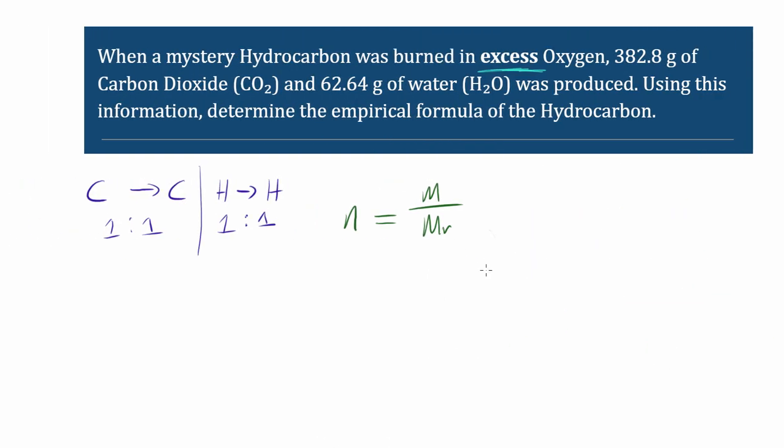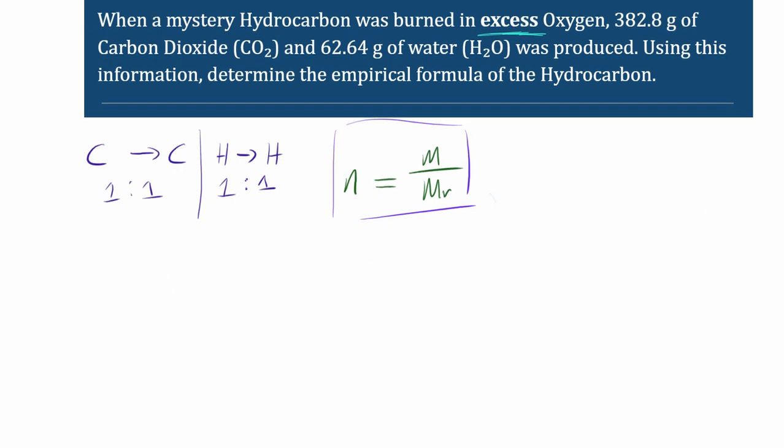So we can move on from there. We can use this formula to go through the next stages. In this particular case, what are we going to need to do? We've got 382.8 as the mass of carbon dioxide. So here we're going to do 382.8 divided by 44, and this is on the CO2 side.